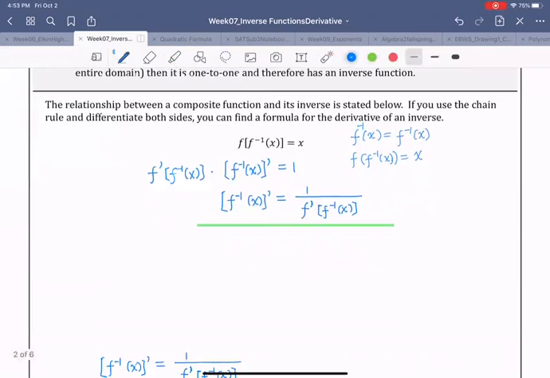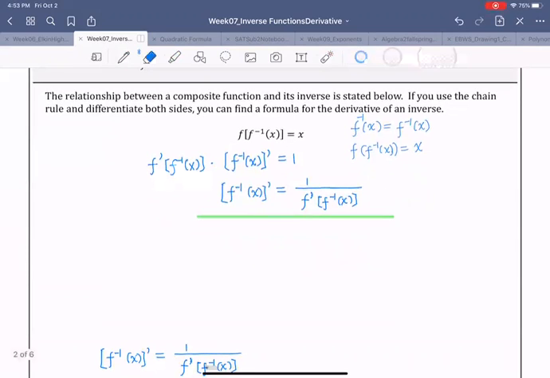And there's another version I'm going to also introduce. If f(x) and g(x) are inverse to each other, then g(x) is f inverse, yes? The g(x) derivative, you can also write down.